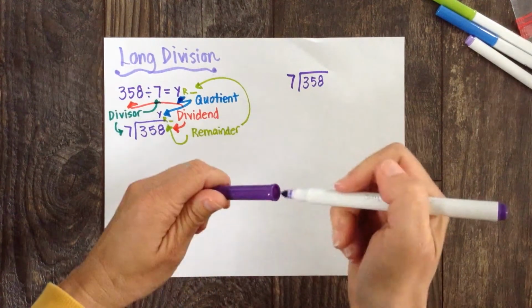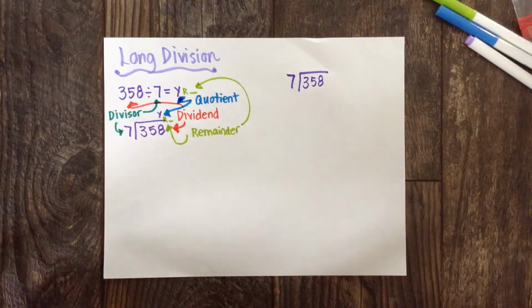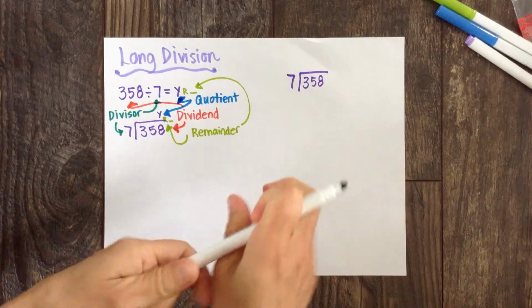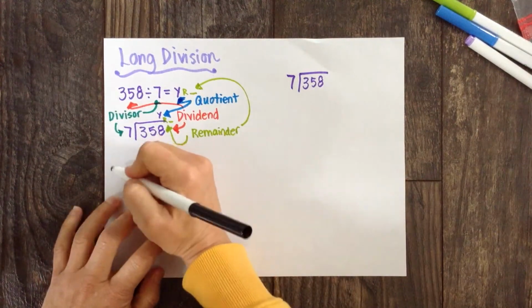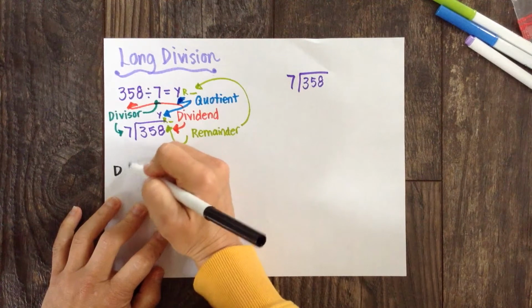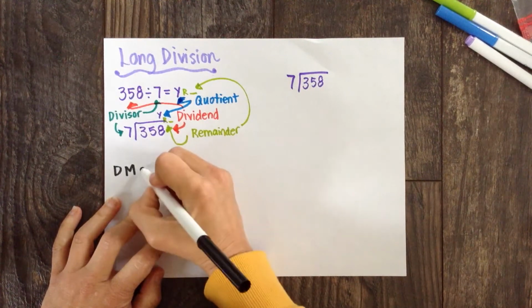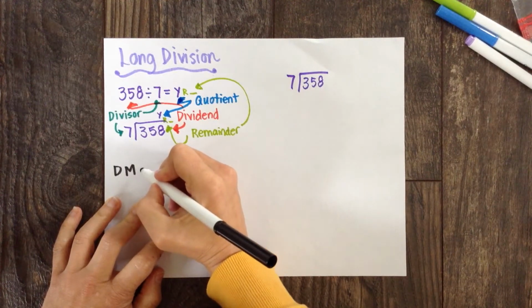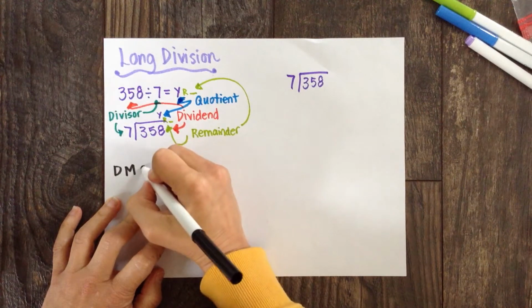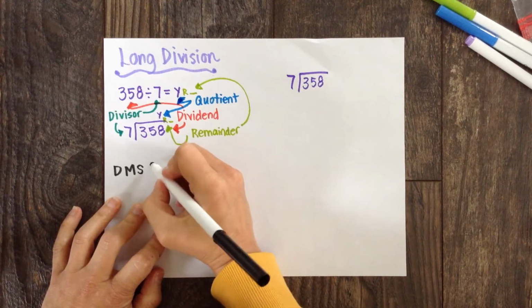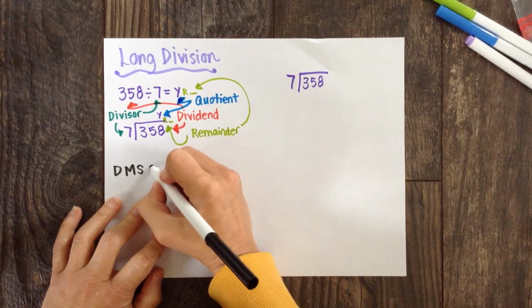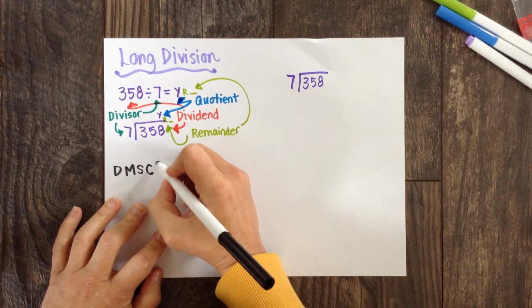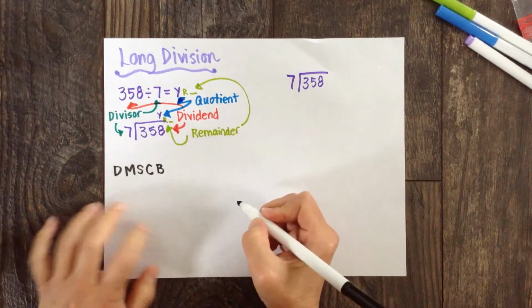Now, let's take a moment here and remind ourselves of our little acronym. Does anybody remember? D, M, right? Do we know this one? S, got it? C, and B. Do you remember it?